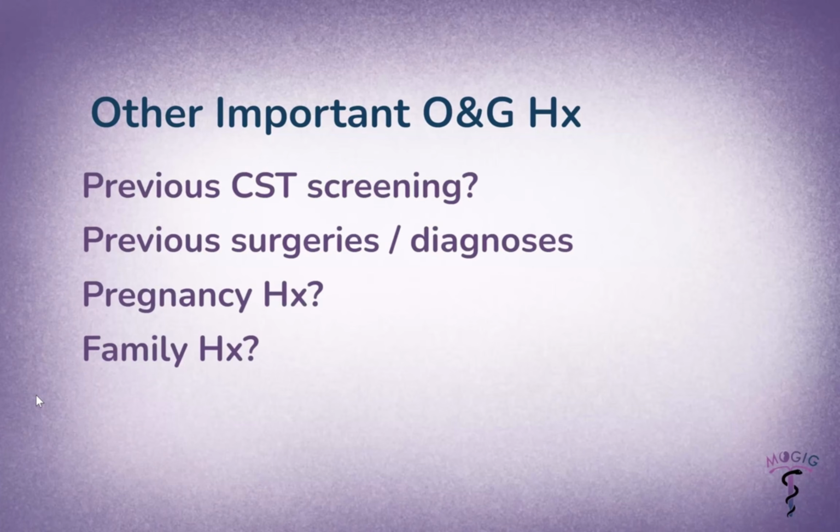I think you hit the nail on the head with the CST, particularly if the patient is between 25 and 74 years old. Like you said, it's also important to think about surgeries and diagnoses in the past, both medical and obstetrical gynae. Pregnancy history, like you said, is very, very important, especially when thinking about what the causes of abnormal uterine bleeding are.